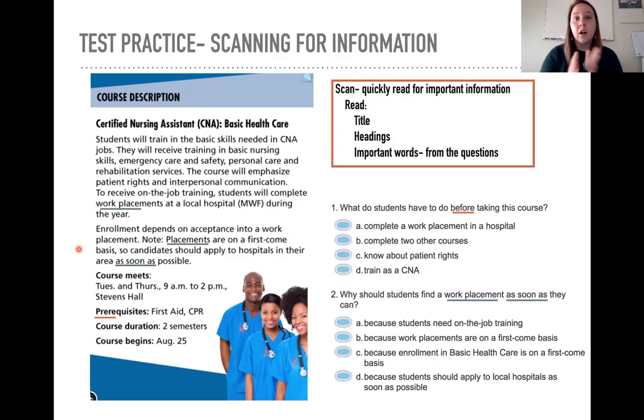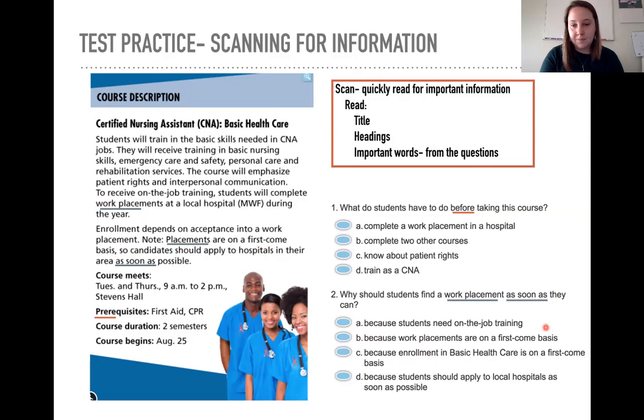So if there are 6 people who want this placement and there is only one placement, the first person who gets there is going to get the placement. So the placements are on a first-come basis, so the candidates need to apply quickly. They need to apply as soon as possible.